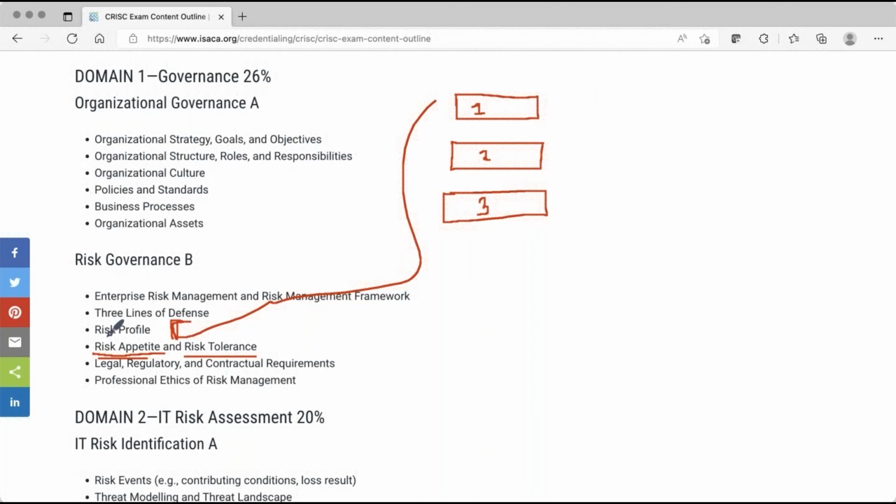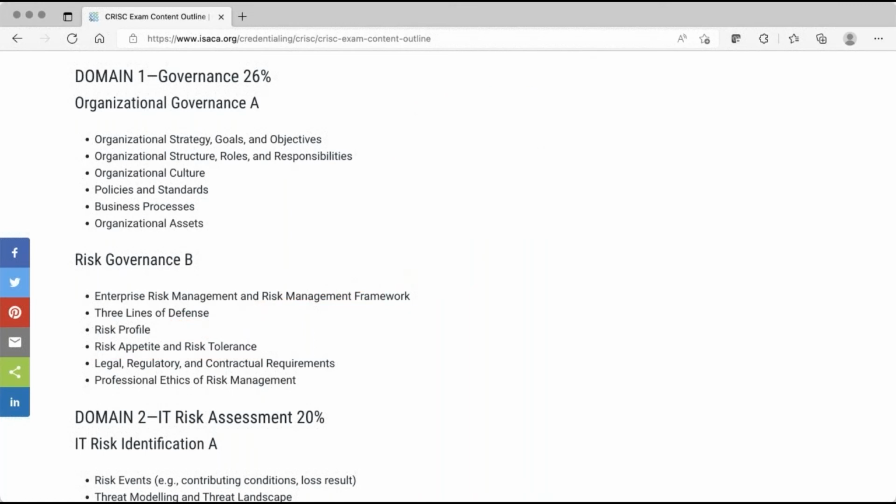Let's quickly talk about this: risk capacity and risk appetite. Risk capacity is the amount of risk an organization can afford to take. That's their limit, that's the capacity.